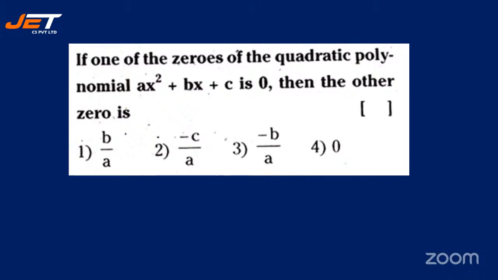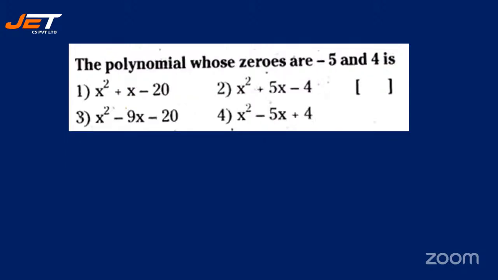Then the other 0 must be, yes, quickly put your answers in the chat box so that I can check. It's a very simple one. It is nothing but minus of coefficient of x by coefficient of x square. Isn't it? So it should be minus b by a, option 3. Yes, if you've given option 3, your answer is right.